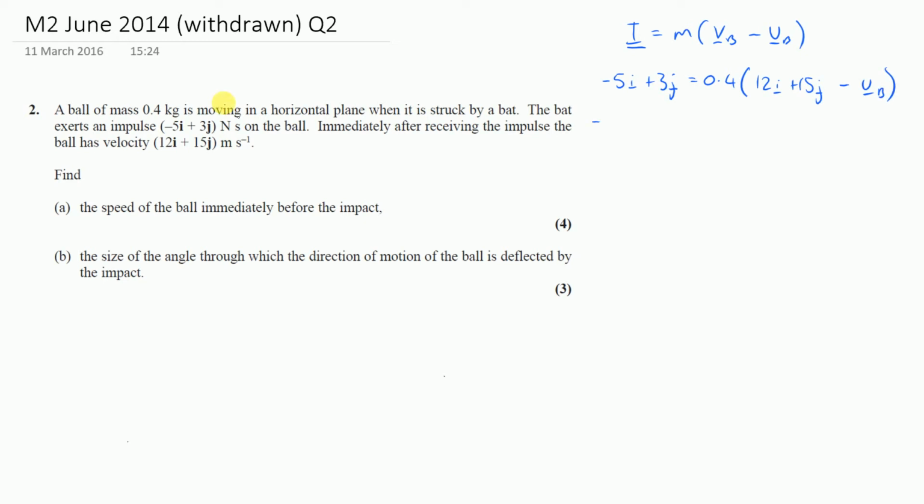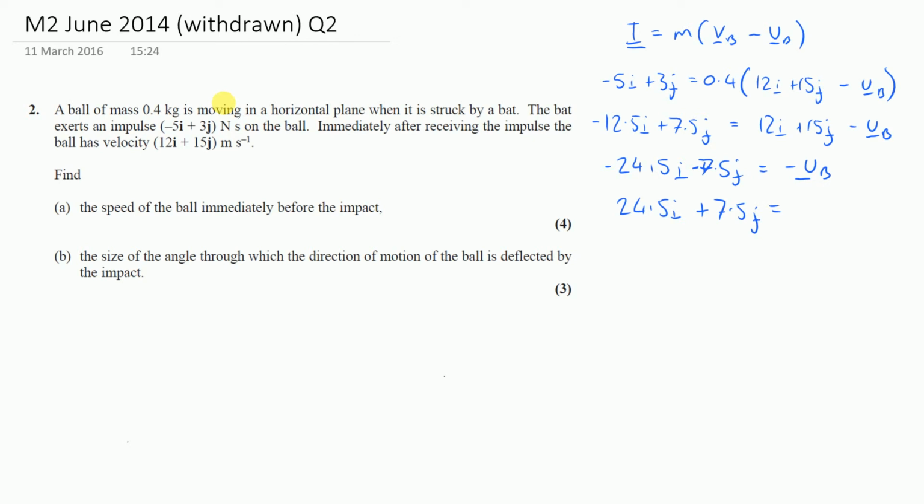Divide through by 0.4, that gives me -12.5i plus 7.5j is 12i plus 15j minus my initial velocity, and then rearranging I find out that -24.5i minus 7.5j is equal to minus my initial velocity, and multiplying through by -1 tells me that 24.5i plus 7.5j is equal to my initial velocity.